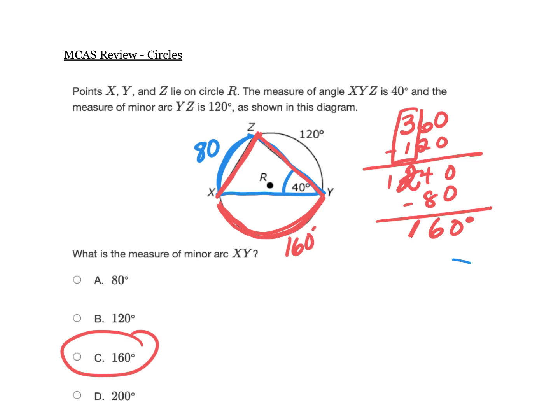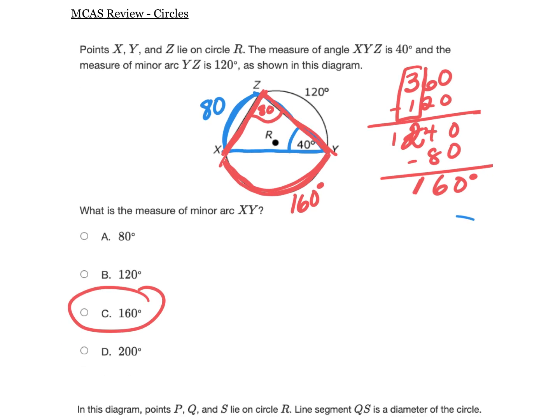Because angle Z inscribes that arc of 160, angle Z is half of 160, so that makes angle Z 80. I know I didn't ask you that, but it's a good review.